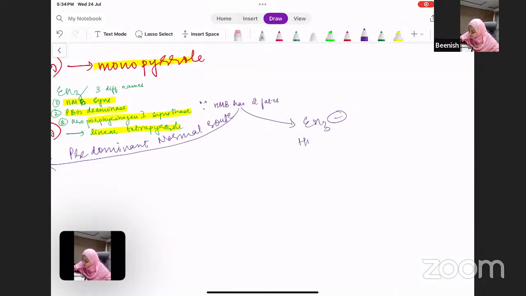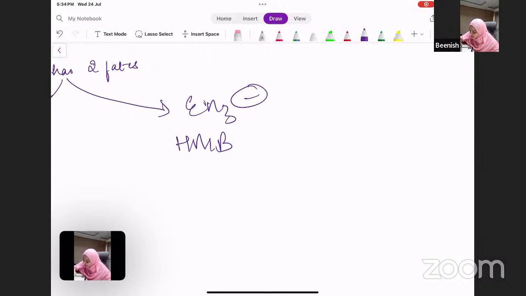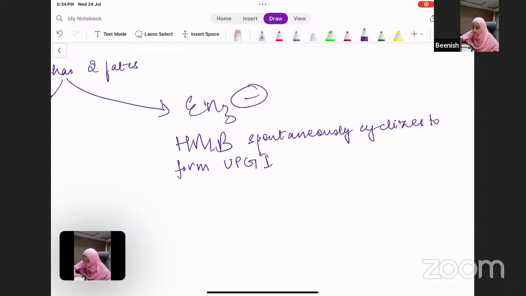Now this HMB is going to spontaneously cyclize to form uroporphyrinogen 1. This uroporphyrinogen 1, as I said, is an isomer of type 1 kind, which is not normally present in the body.